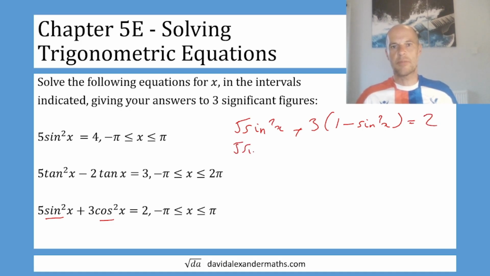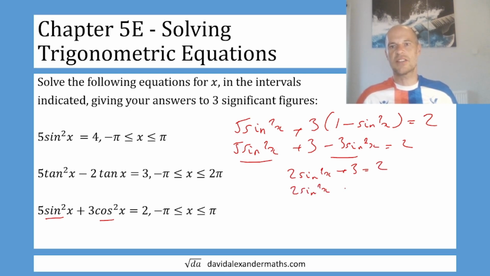So let's expand the brackets. 5 sine squared x plus 3 minus 3 sine squared x equals 2. So 5 sine squared take 3 sine squared is 2 sine squared x, plus 3 equals 2. Take away 3, 2 sine squared x equals, why can't I do simple maths? That's negative 1. So sine squared x is minus 1/2.